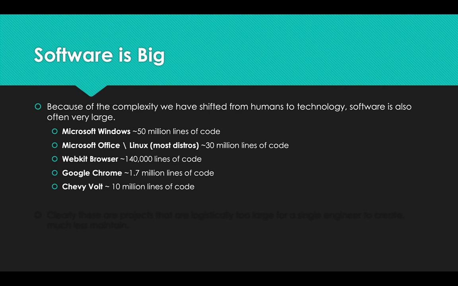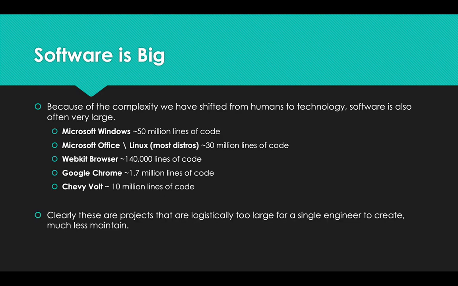But here are several examples of things that a lot of people use every day that have hundreds of thousands, if not millions, of lines of code. And a lot of these things are not applications that you would necessarily think about off the top of your head as being a software engineering situation, like the Chevy Volt, for example.